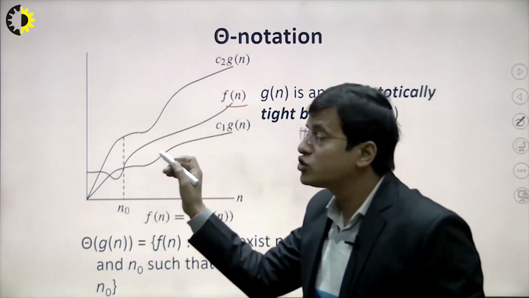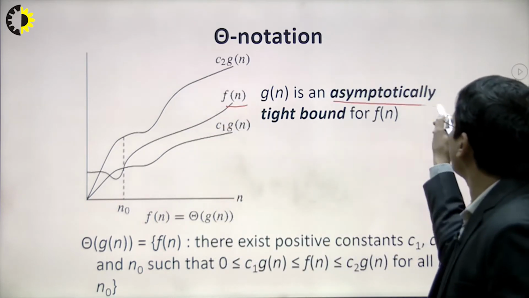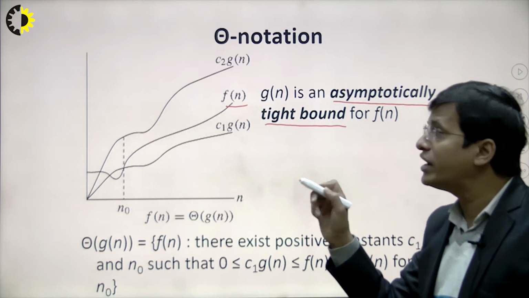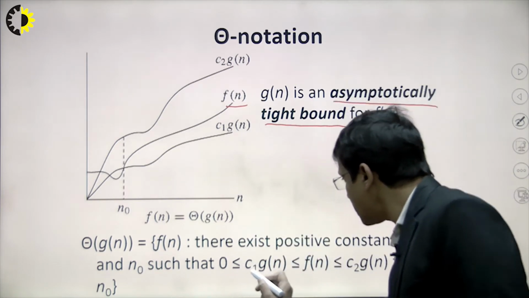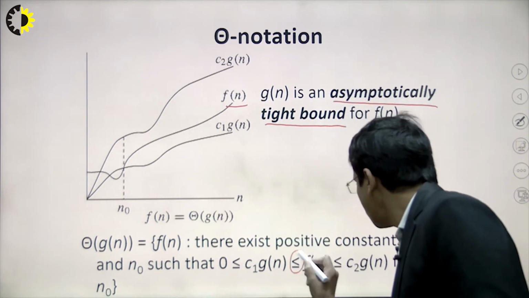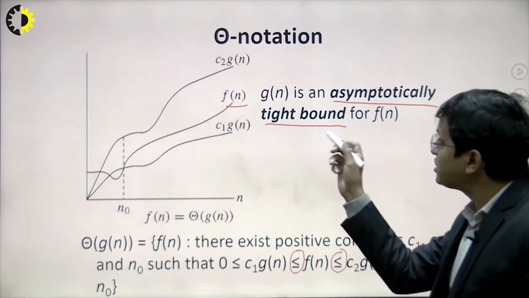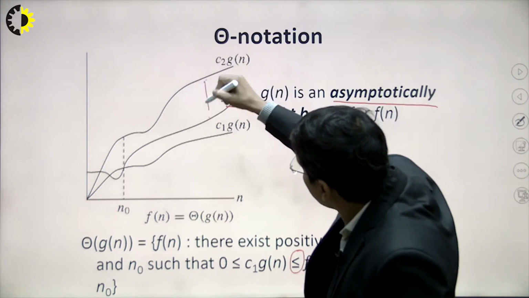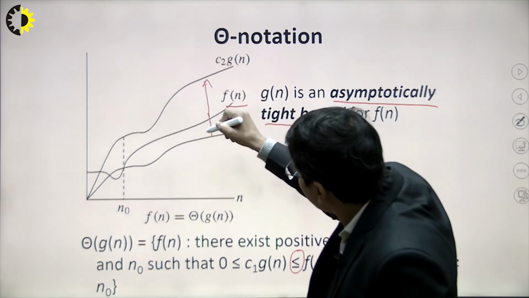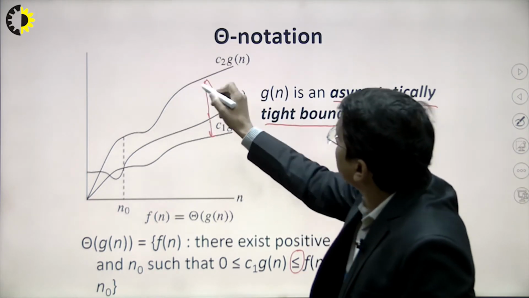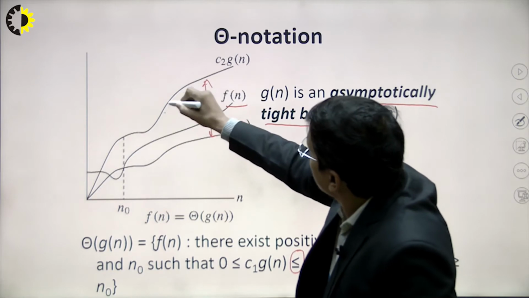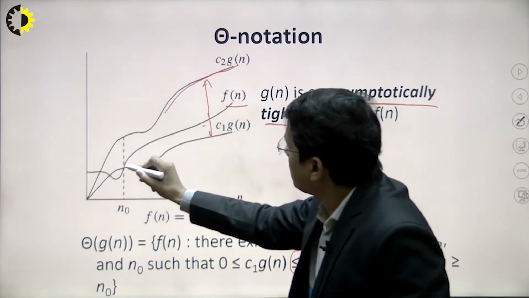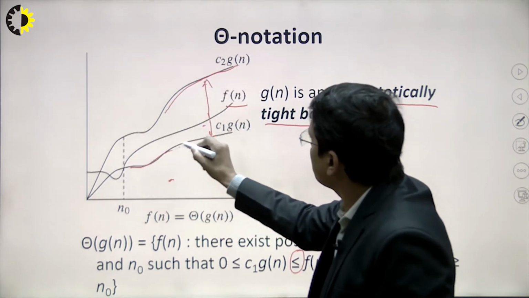This notation is also called the asymptotically tight bound notation, because it contains the equality condition. This means f of n can lie on this line, and similarly on this one, right?